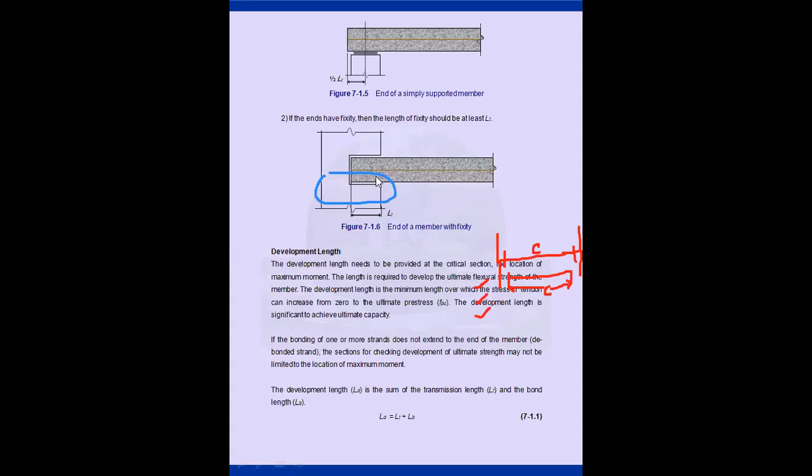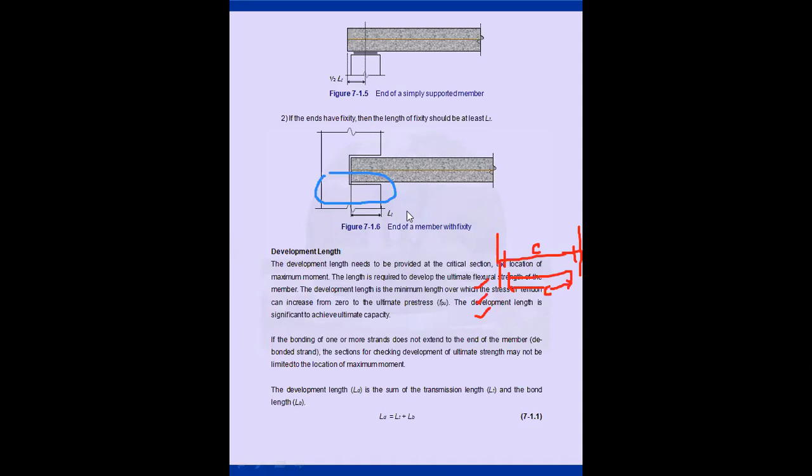For a simply supported member, your transmission length will be half of the transmission length at each end. For a member in fixity, your transmission length will be the overall transmission length. So this is LT, and this is half LT for simply supported, and this is for the full member. Clear? So that is the transmission length.